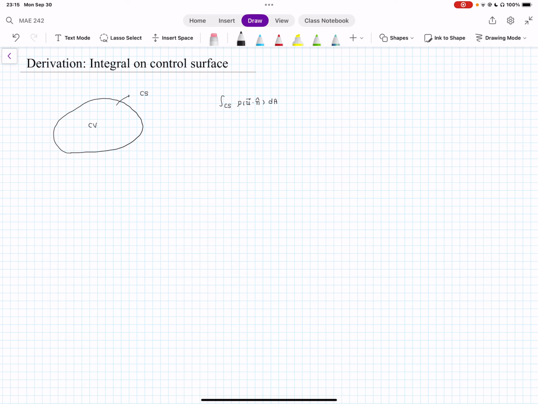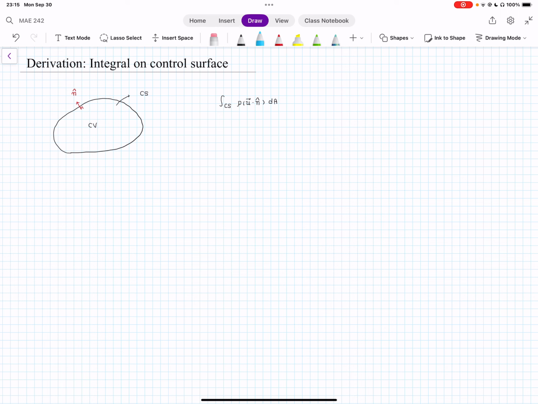which I'll talk about. Because this is a three-dimensional object, we need to think about this unit outward normal vector, n. This unit outward normal vector characterizes the control volume, more precisely the control surface.